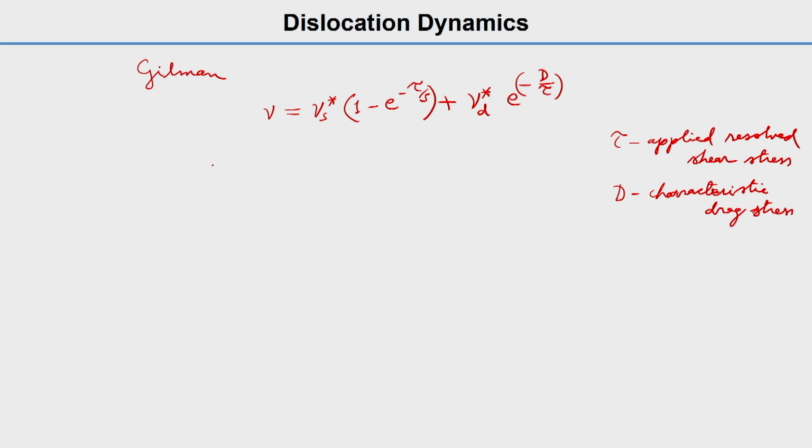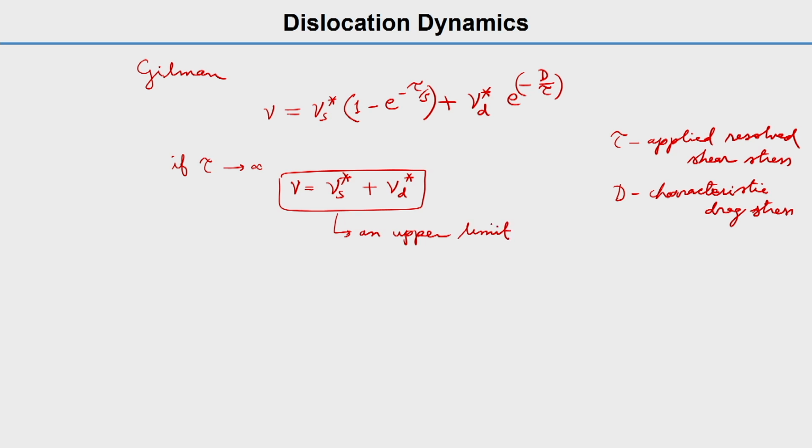What happens is that if the applied stress is very high, tends to infinity, V is equal to Vs star and Vd star. So that means there is an upper limit of velocity. These values will not go higher than this, even if you increase the stress more.